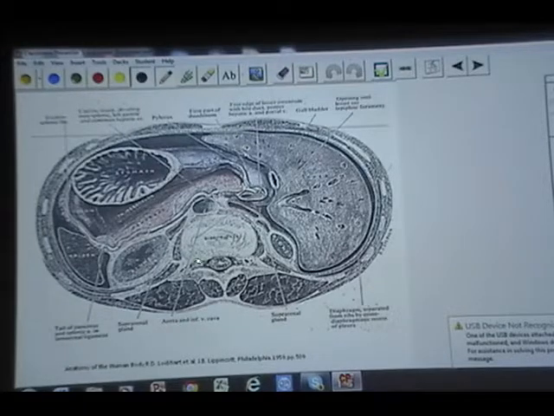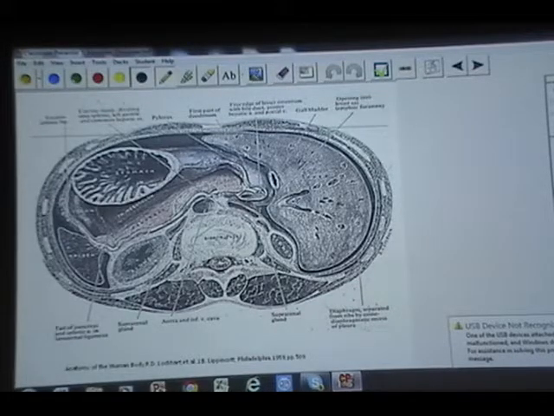Back here, we have a cut through the top of the left kidney. Over here, we have a cut through the kidney a little bit farther down, in relationship to this. Why is that? Why do you think it's not directly through the middle of the right kidney, showing the region we call the pelvis or the hilum? What's the difference on each side?